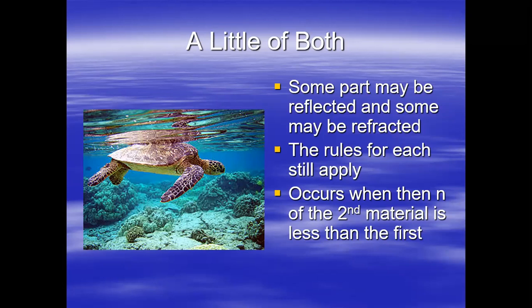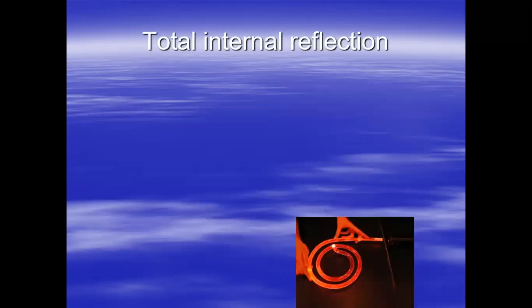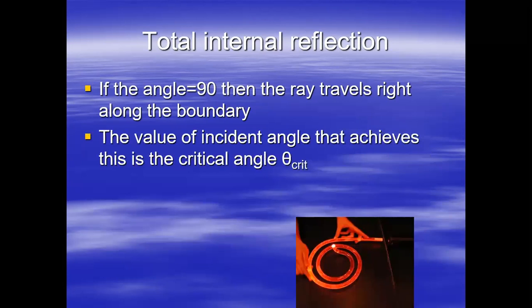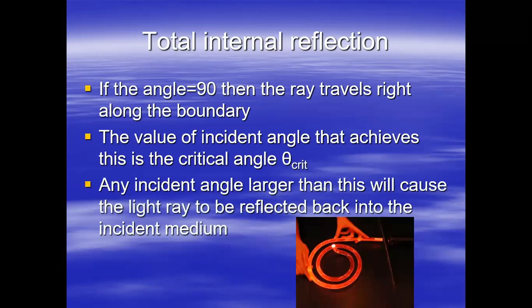And that's what's happening in this picture. You're in the water, you're looking up toward the boundary with the air. Some of that light is reflecting back into the water. So you're seeing the reflection of the turtle in the water boundary. It's also responsible for how things like fiber optic cabling works, because we reach something called the critical angle, and the critical angle has to do with the two materials.